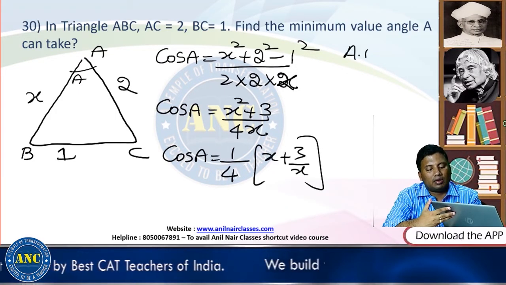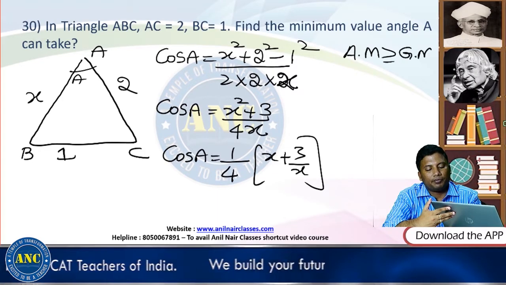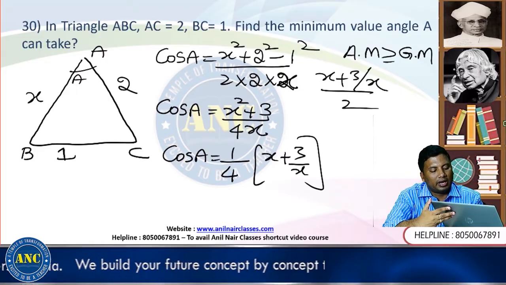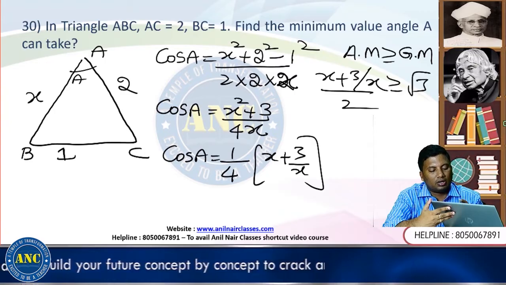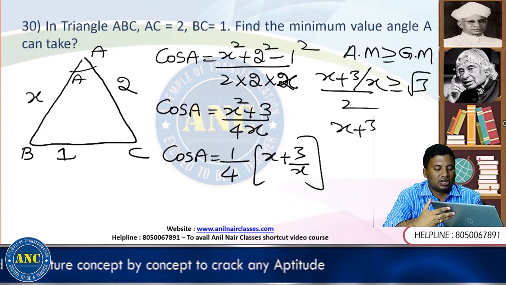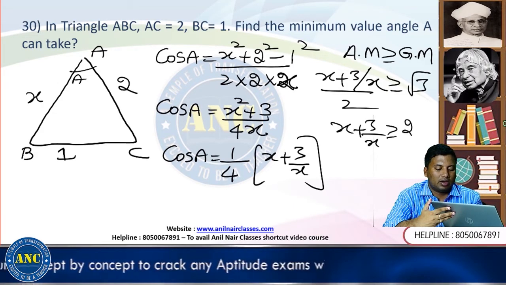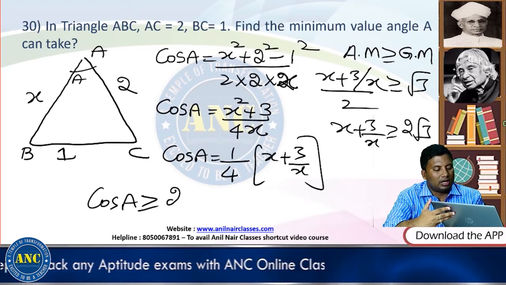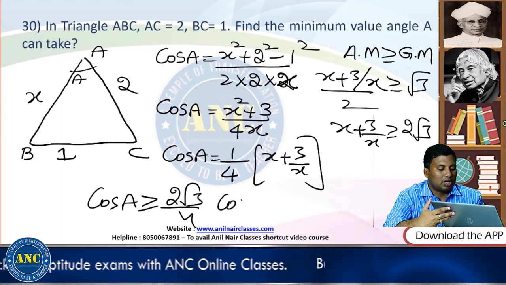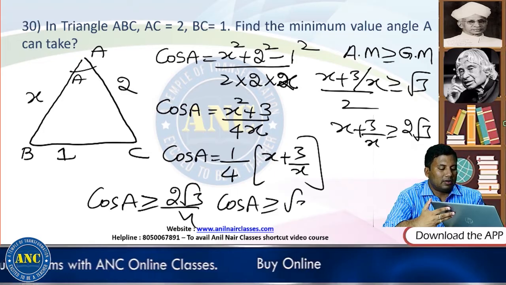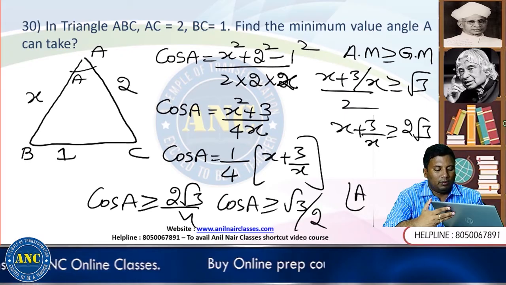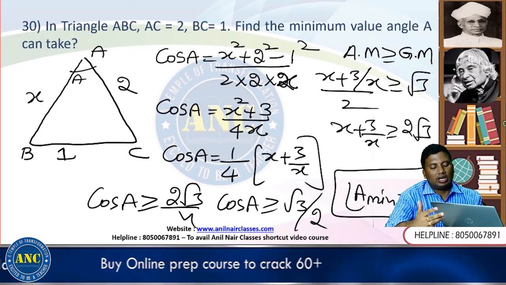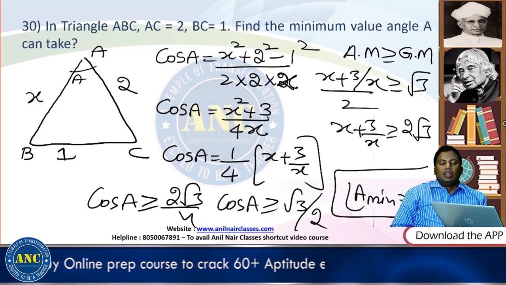AM greater than or equal to GM: x plus 3 by x by 2 is greater than or equal to root 3. So x plus 3 by x is greater than or equal to 2 root 3. So cos A is greater than or equal to 2 root 3 by 4, that is root 3 by 2. Minimum angle is nothing but 30 degrees, as cos 30 is root 3 by 2.